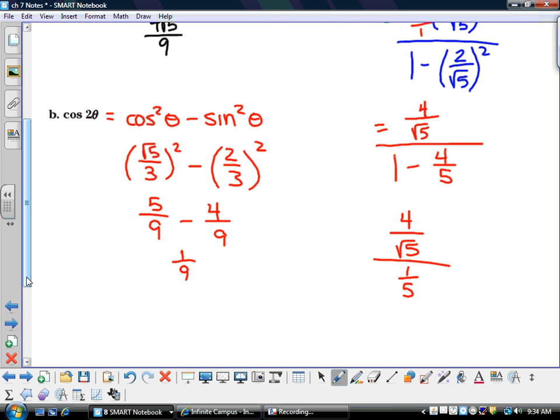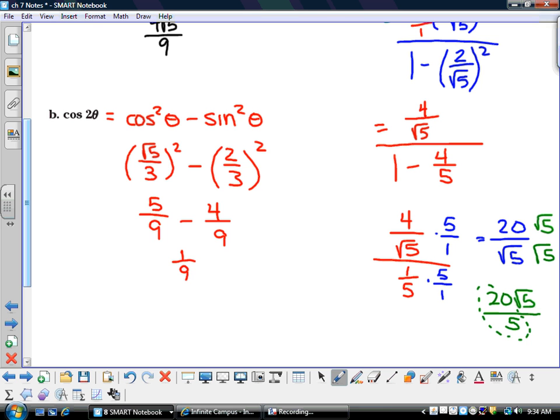To get rid of the fraction in a fraction, I'm going to multiply by the reciprocal. So I get 20 over the square root of 5. Now, like I said, you could have rationalized from the beginning. I'm choosing to wait till the end to rationalize this fraction. And I'm going to get 20 square root 5 over 5. But that reduces to 4 square root 5.